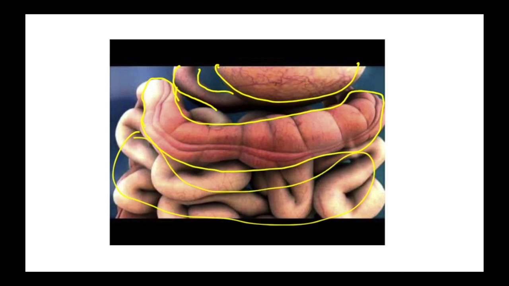Right? So if you said stomach, you are right. This would be the duodenum right here, the first part of the small intestine. This is transverse colon. And this in here is more small intestine, right?